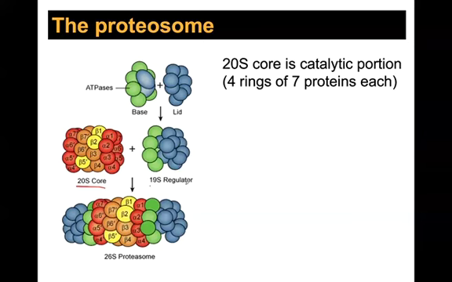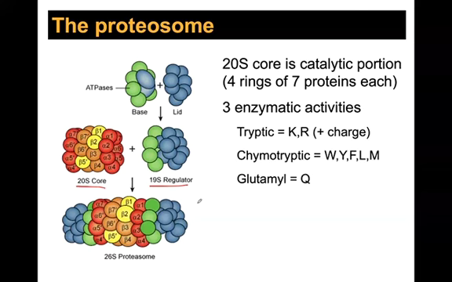The 19S cap, sometimes called the regulator, is responsible for binding to proteins that need to be degraded, so it recognizes them. In the core, you have three types of enzymatic activities, mediated by many different subunits.